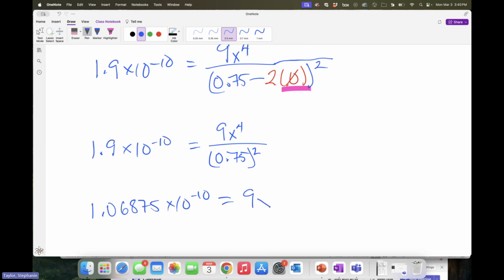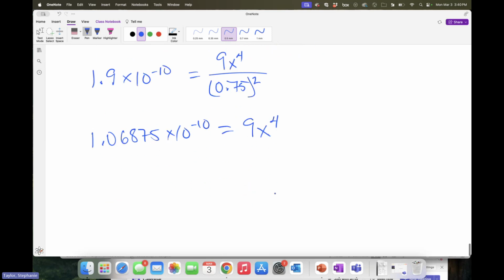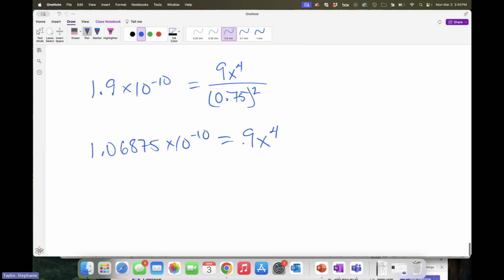Just double checking my own math as I go along. And then I'm trying to get the x alone, so I'm going to divide both sides by 9. I get x to the fourth is equal to 1.1875 times 10 to the negative 11.